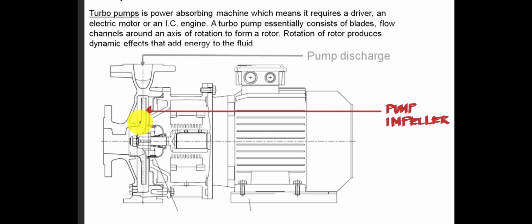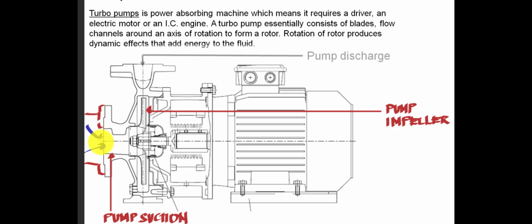This is what produces the rotational effect, and it is the one responsible for increasing the pressure inside the pump. Then we have the pump suction, which is where the flow of fluid passes. If you have a flange connecting here, then you have your pipe towards here. Usually the flow of water goes towards here.